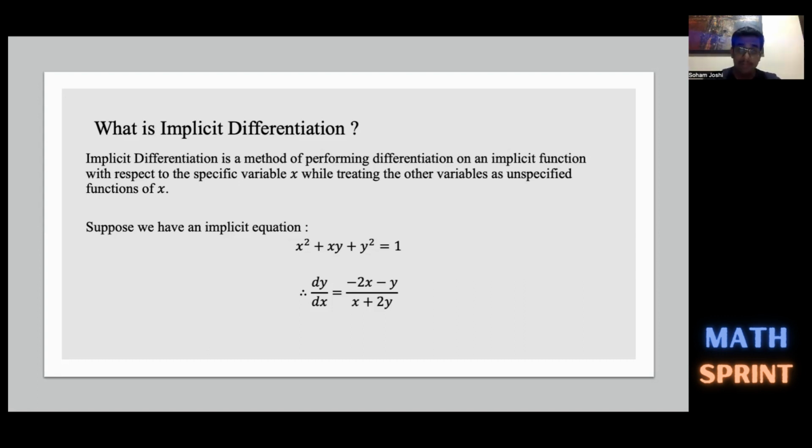But for the problem that I've presented on this slide, you probably realize that it's going to be too difficult to find y in terms of x. So we have to put explicit differentiation off the table and focus on using implicit differentiation instead. And with implicit differentiation, we can find out that dy by dx is equal to minus 2x minus y, the whole thing divided by x plus 2y.